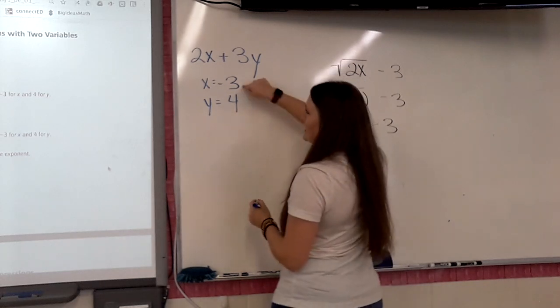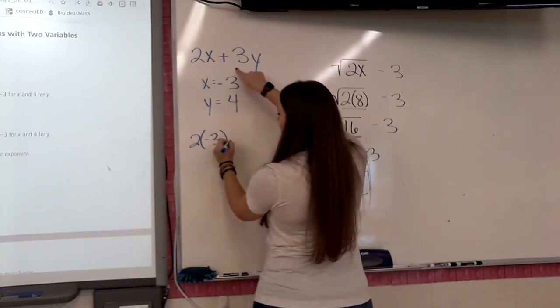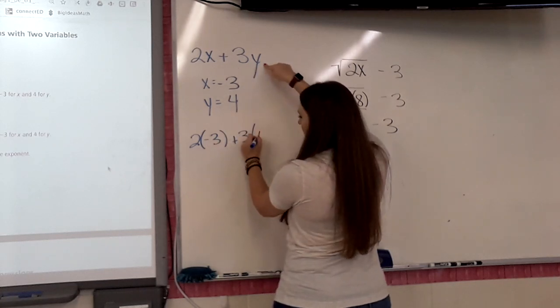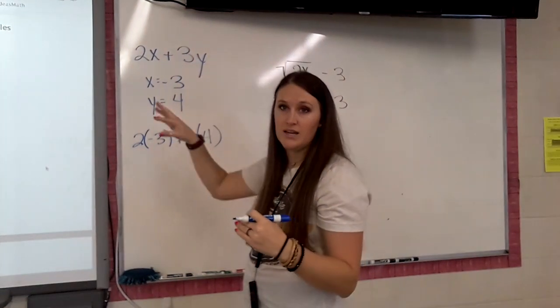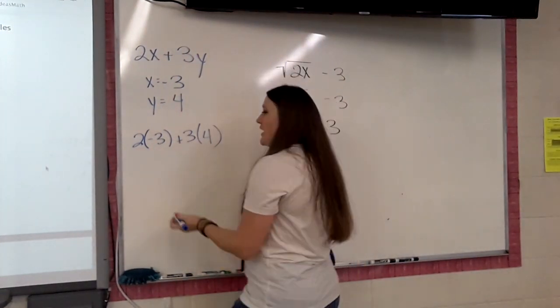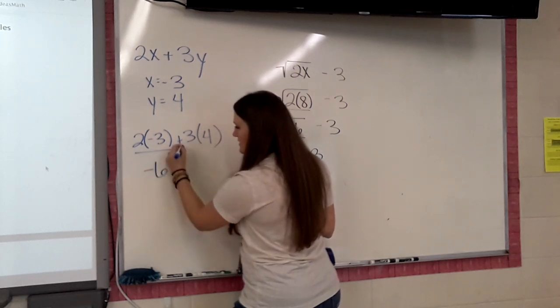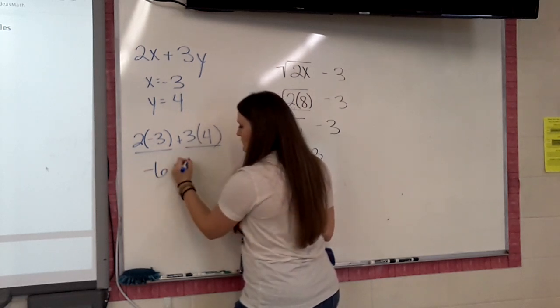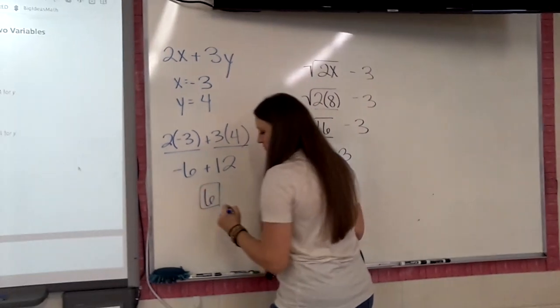So x is negative 3. So if I plug that in, I have 2 times negative 3 plus 3 times 4. Remember, first thing is always rewrite your problem plugging in your new numbers. So now we can solve. 2 times negative 3 is negative 6 plus 3 times 4 is 12. Negative 6 plus 12 is 6.